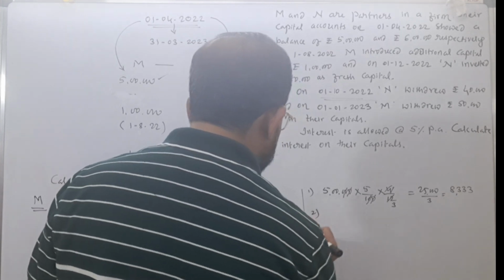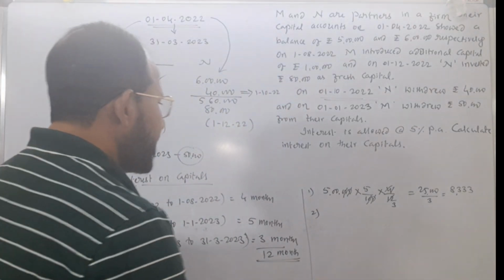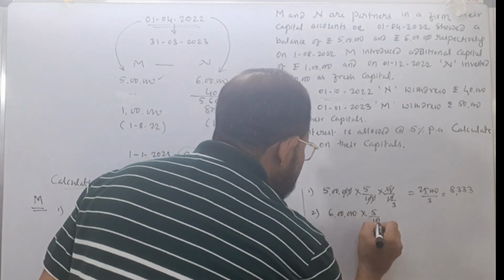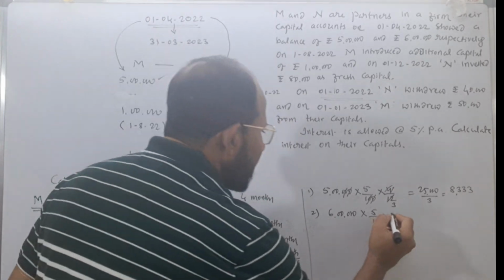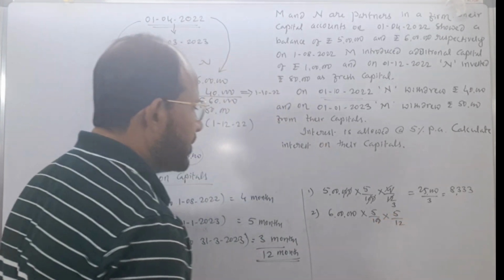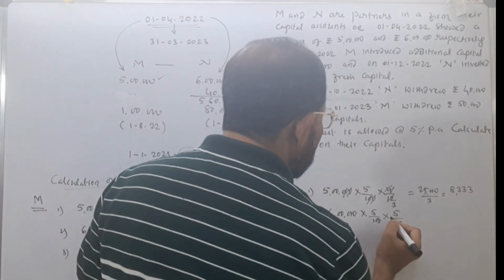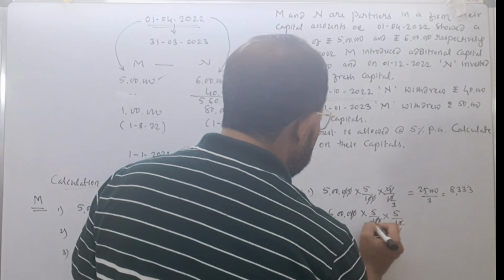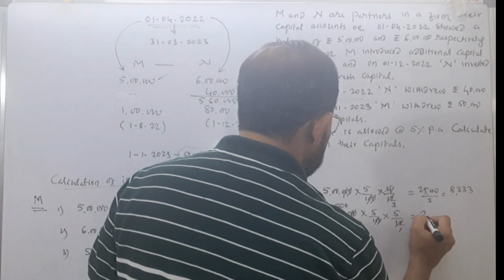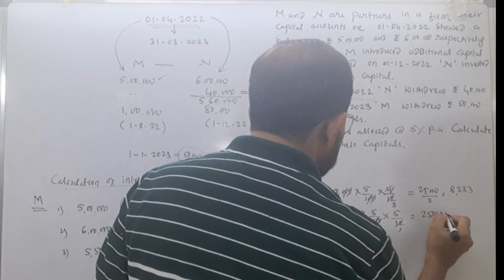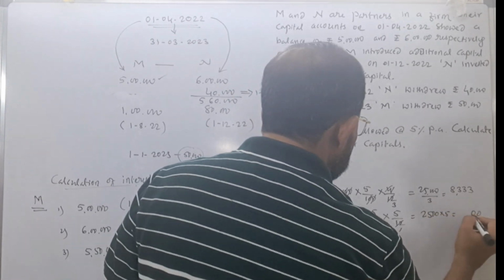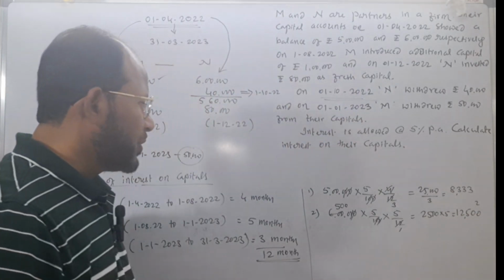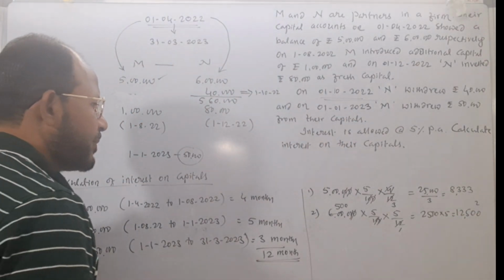Next one is second case, rupees 6 lakh into 5% for how many months? For 5 months, 5 by 12. Now you calculate, you 0, 0 cancel, 12 ones are 12, comes to 12,500 rupees.